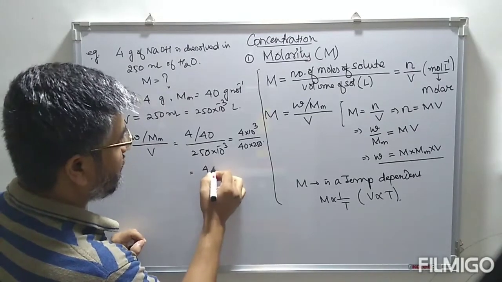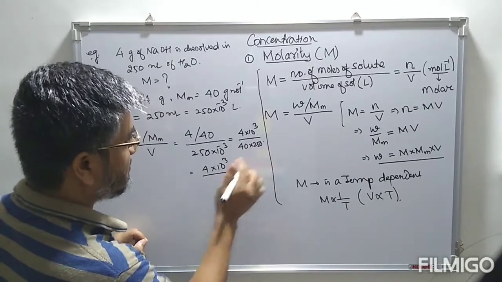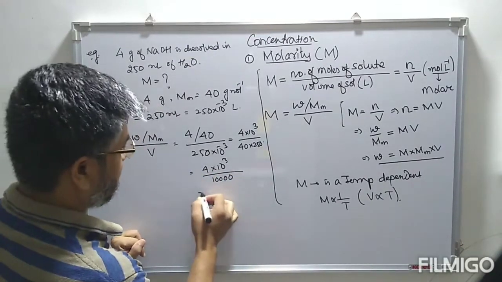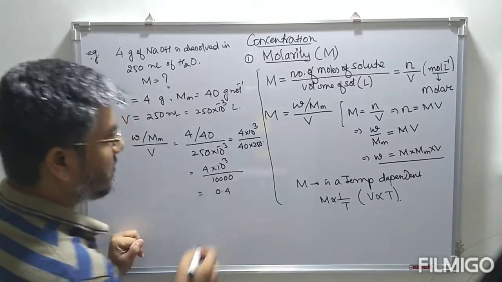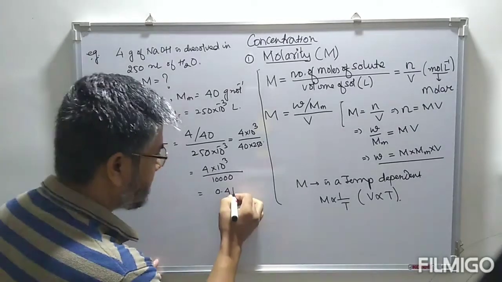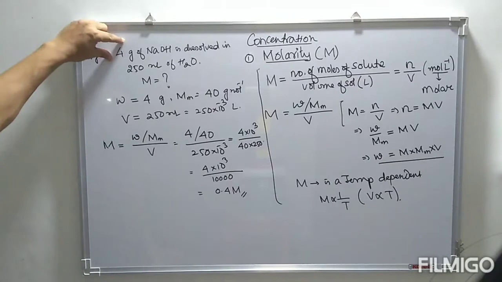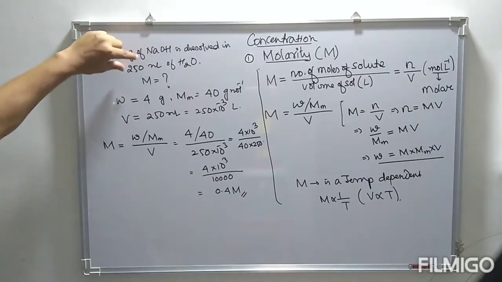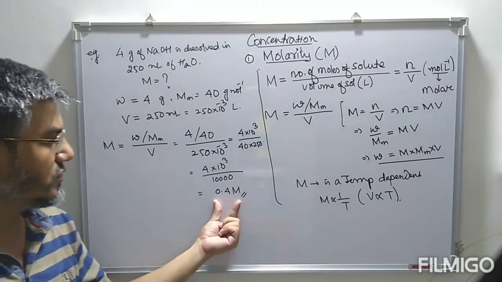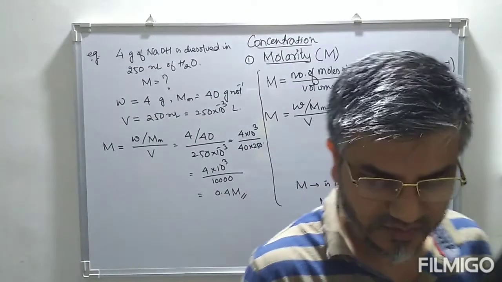This is 4 into 10 to the power 3 divided by 10,000. So it is 0.4. So this is 0.4 molar. So 4 grams sodium hydroxide in 250 ml of water is equivalent to 0.4 molar. So this is how we define molarity.